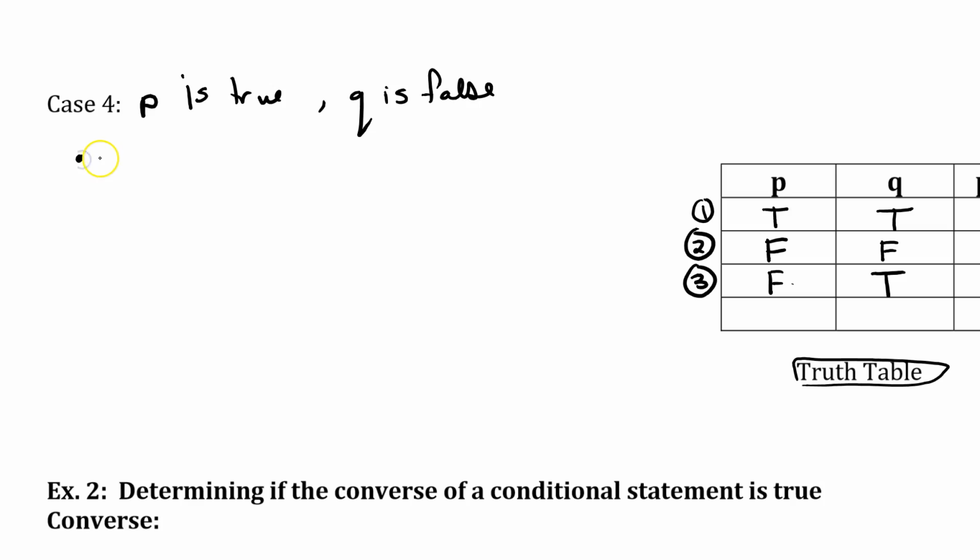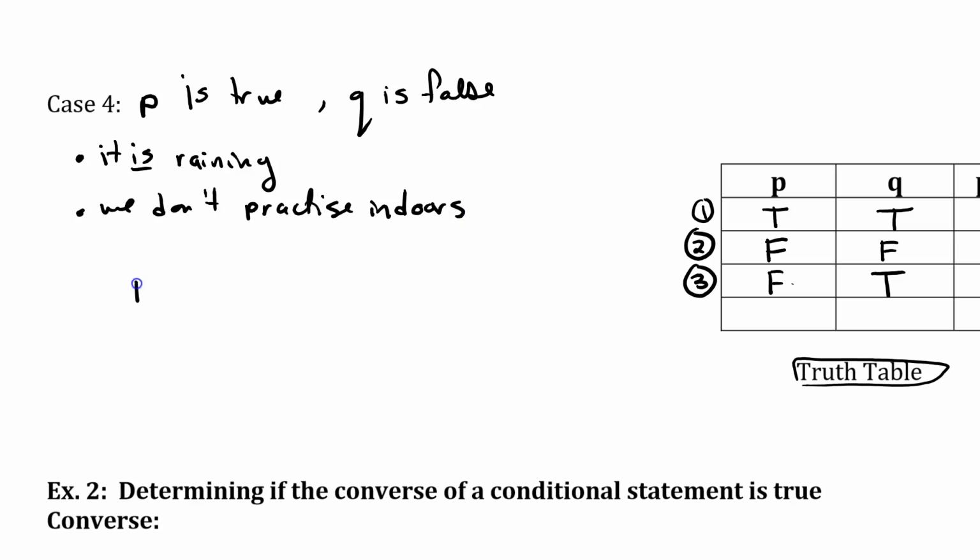So that means that if it's raining is true, so it is raining, and we don't practice indoors, that means that P implies Q is false.